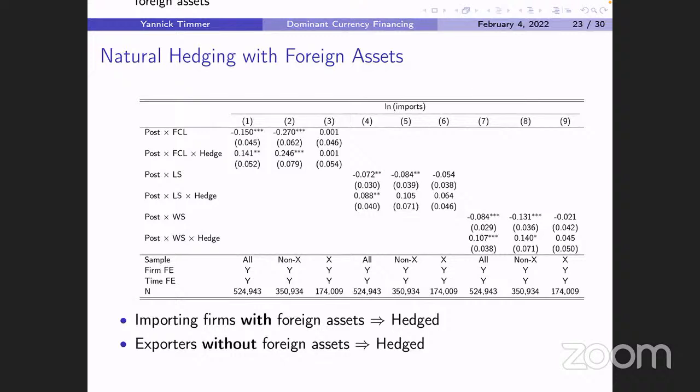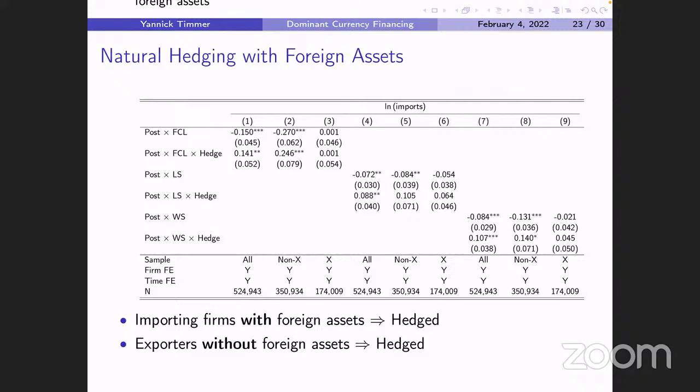So now let's also see whether foreign assets and FX derivatives have the same effect. And indeed, when we look at foreign assets only, we define the hedge dummy as 1 if the firm has, before the depreciation, foreign assets only, but can have derivatives, but doesn't have to. In this case, we find that the importing firms with foreign assets are hedged, but the exporters without foreign assets are also hedged.